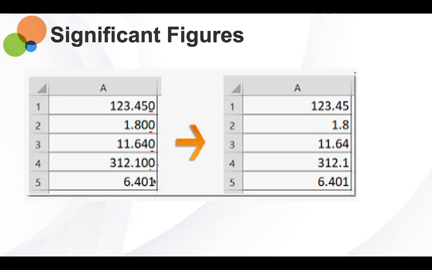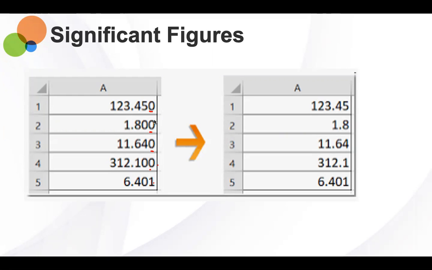So you would only have 6.4, right? But if you're presenting in a table, let me use this one. Because you're presenting a table, you have 1.800. And because there's one down here, all of these need to have the same amount of significant figures.